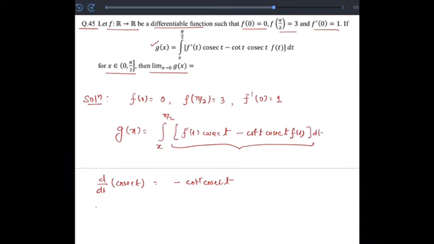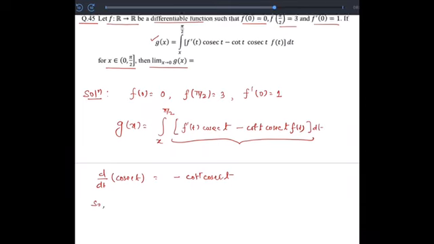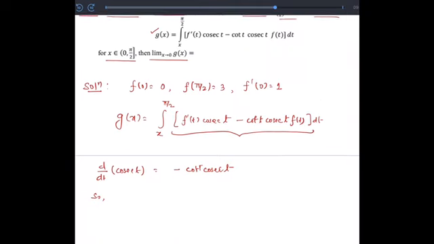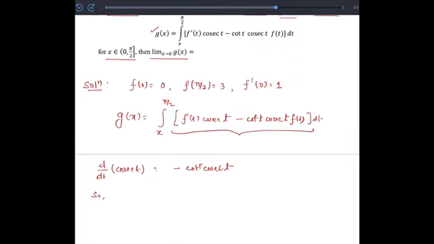So we'll see the product rule, that is f of t into h of t. If you differentiate it with respect to t, you will get f dash of t into h of t plus h dash of t into f of t.